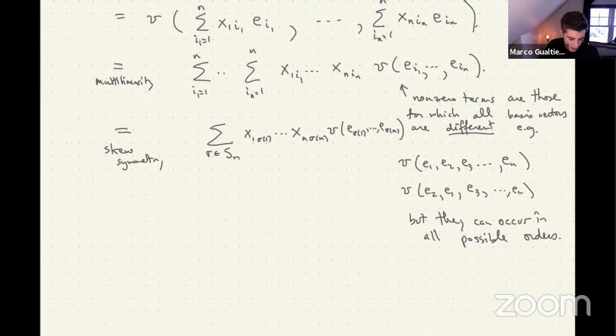Okay, and then I'm going to use skew symmetry again to say that when you take this V(E1 up to EN), right?